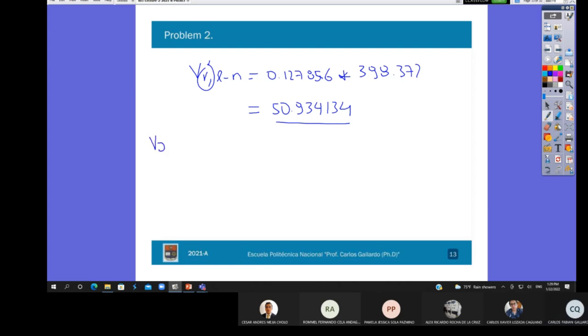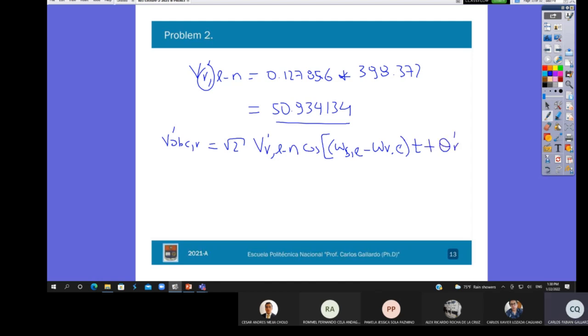So I will have for the rotor, this is phasor A. I am computing the voltage ABC in the natural reference frame, but in this case for the rotor, is equal to the square root of 2 times the line to neutral voltage, cosine of the stator electrical speed minus the rotor speed, times the time, plus theta plus 0.